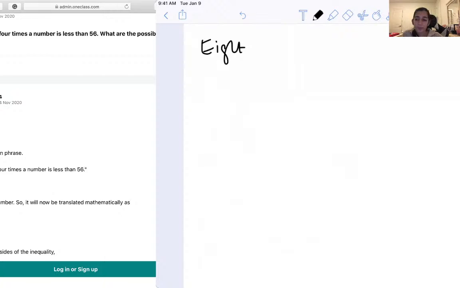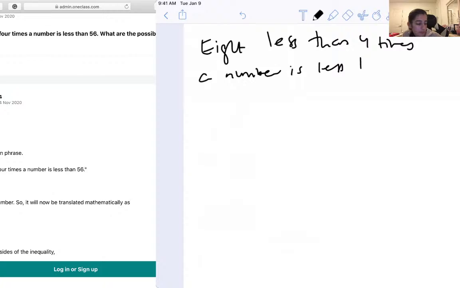Okay, so 8 less than 4 times a number is less than 56. So we can start off, whenever it says a number, it kind of shows you that it's inconsistent.